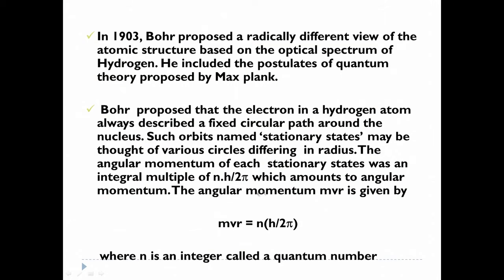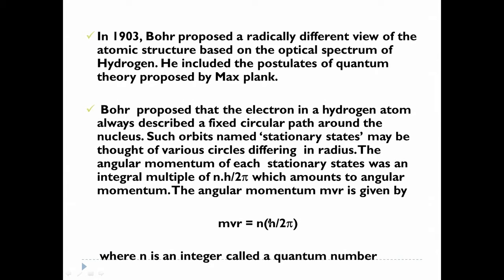So, in Planck's theory, the energy difference between the two states is given by nh by 2 pi, and the angular momentum of the electron, because we do not want the electron to fall back into the nucleus. So, it has to be balanced by the angular momentum, which will be exerting some sort of centripetal force to keep it in circulation.